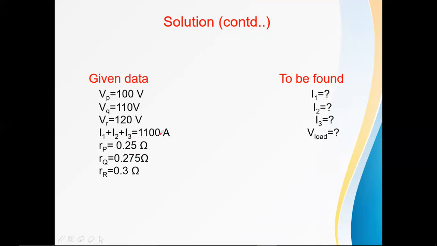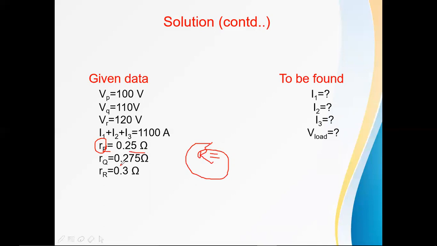Rp means the resistance of your P battery, the internal resistance. That is the reason it is represented by a small r. External resistance is represented by a capital R. Internal resistance is represented by a small r.